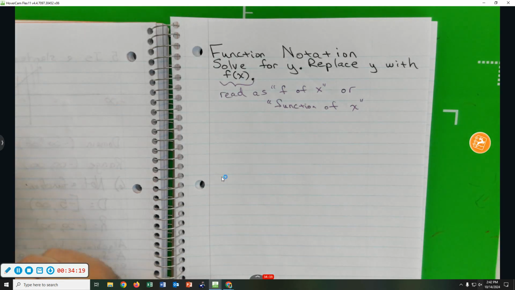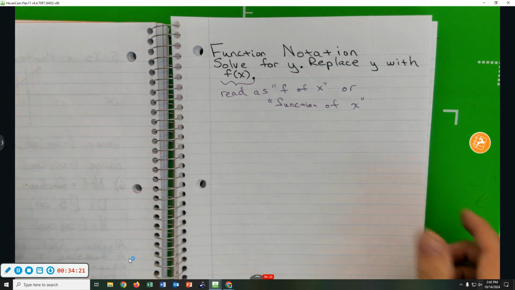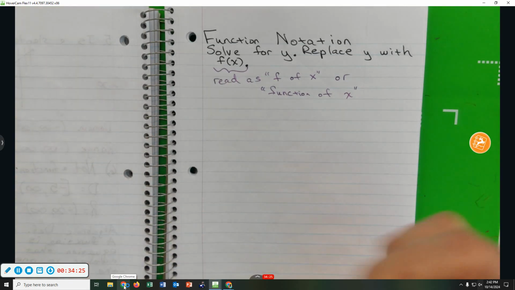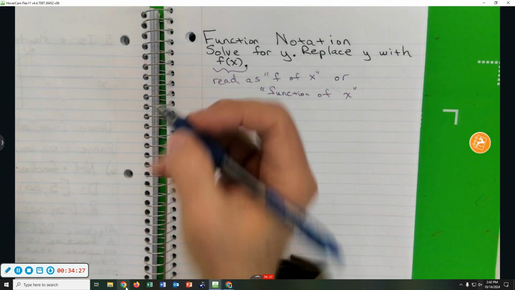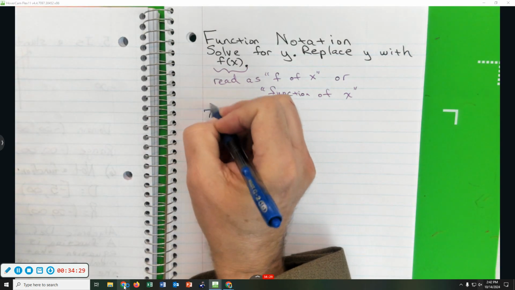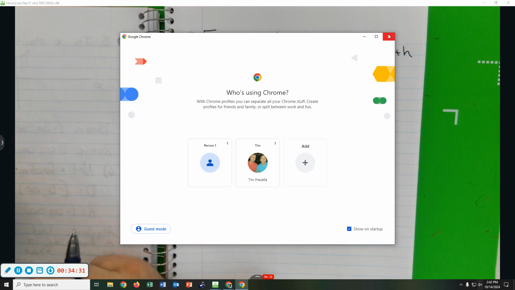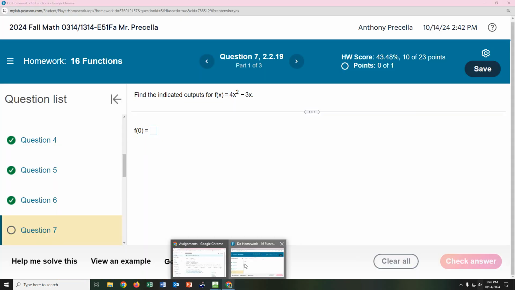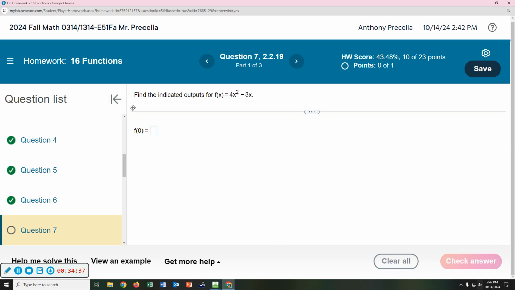And function notation has a very nice feature. Let's do number 7 to illustrate it rather than me making up an example. Find the indicated outputs for the function f of x equals 4x squared minus 3x.